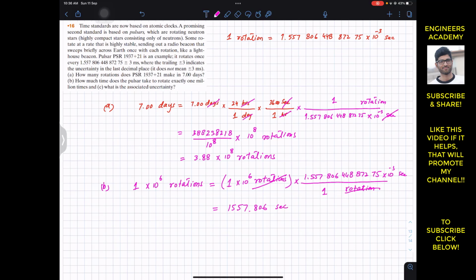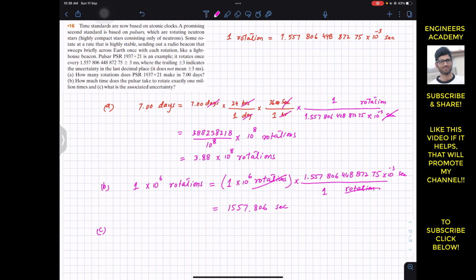Now in part C, we are asked to find the uncertainty. What is the associated uncertainty in this 1 million rotations in seconds, right? So we can say that in one rotation we have the uncertainty of plus minus 3 in the last digit, right? So we can say that the last digit is the 14th digit.